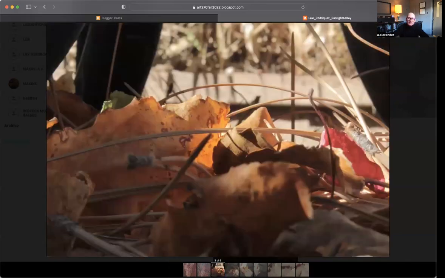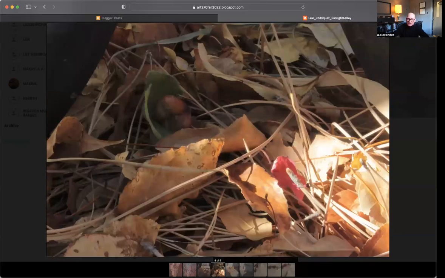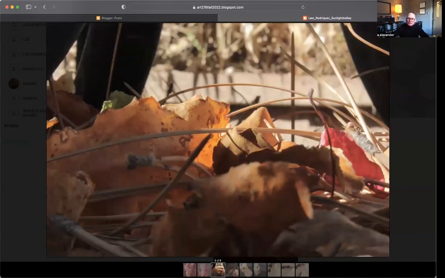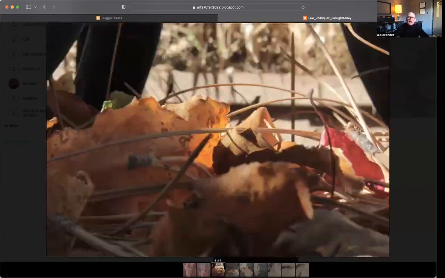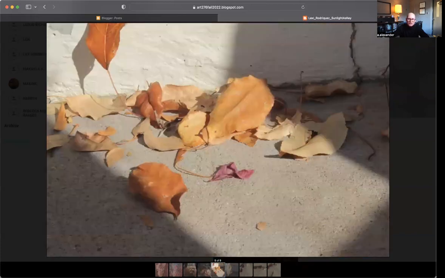So hopefully you can see the differences between this and this visually, and how it communicates something completely different. This feels much more observational, like, hey, here's some leaves. And this seems much more like, what is she trying to communicate? Whose perspective is this? Whose eyes are we seeing through? So there's a big difference there.